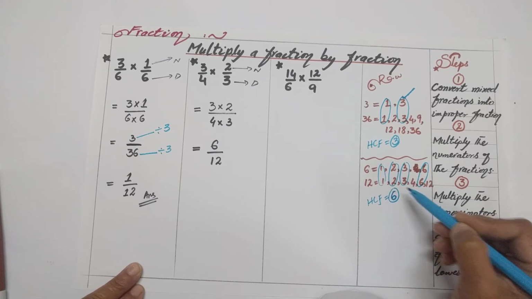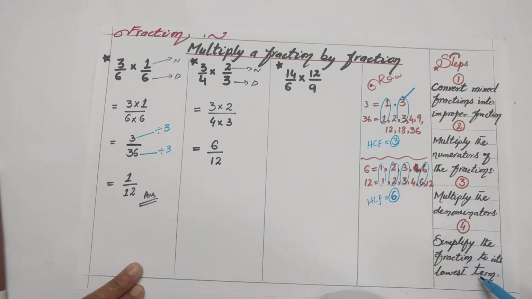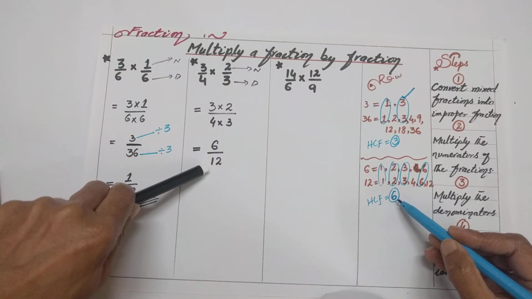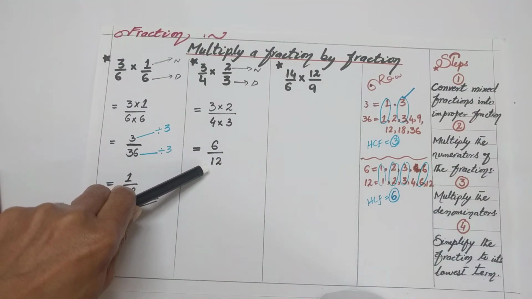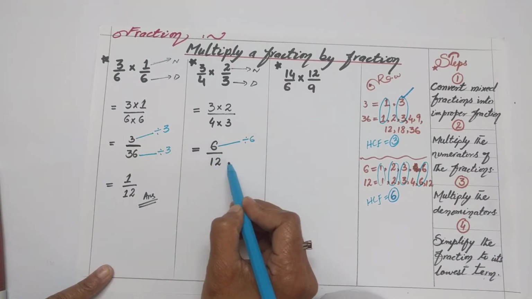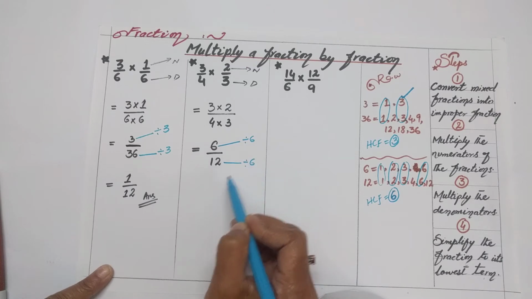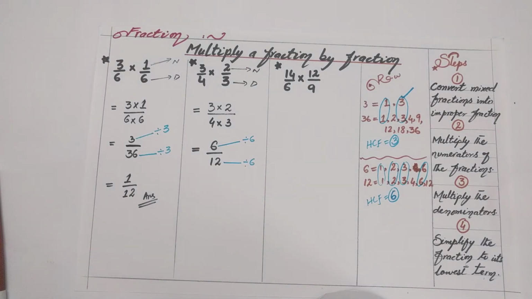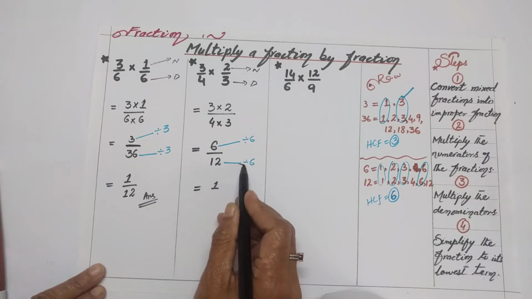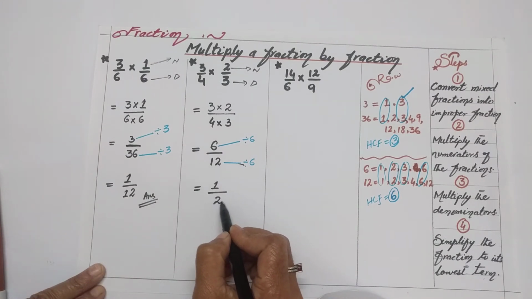So to simplify the fraction to its lowest term, we have to divide the numerator and denominator by the highest common factor. As our highest common factor is 6, we will divide the numerator and denominator by 6. So 6 divided by 6, 6 ones are 6. 12 divided by 6, 6 twos are 12.